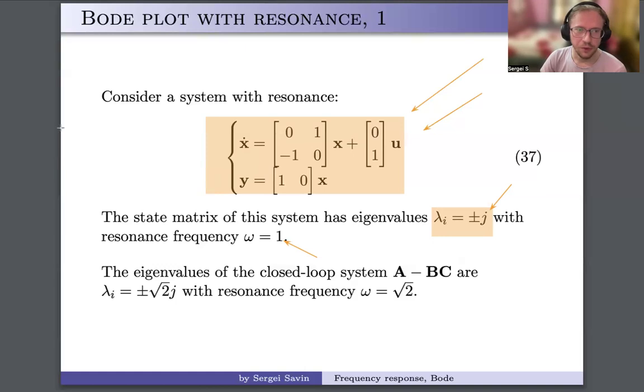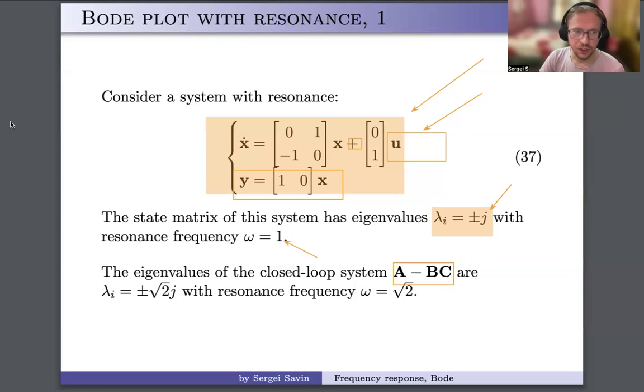Now, if I do a simple feedback, so I put my output y equals Cx as my input, with a minus sign here, right? What will happen is I would have Ax minus B times Cx. So A minus BC would be my new closed loop system.